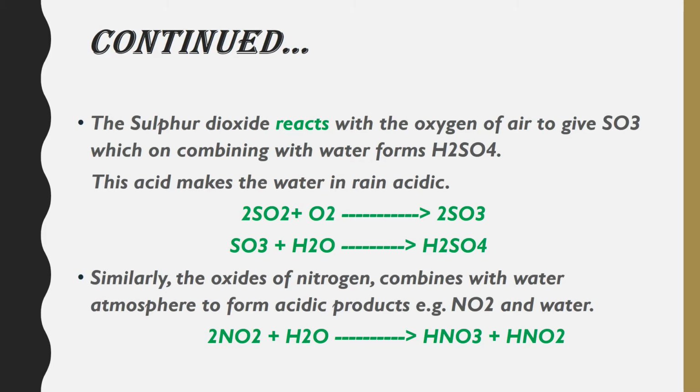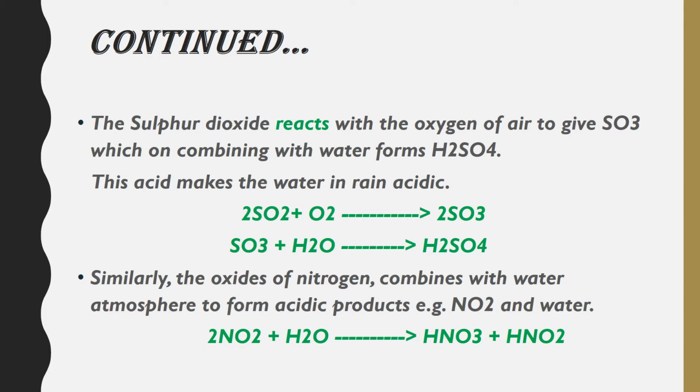The sulfur dioxide reacts with oxygen of the air. The oxides of sulfur present in the atmosphere react with the oxygen from the air, which is a mixture of gases, to give SO3, sulfur trioxide, which on combining with water forms H2SO4.